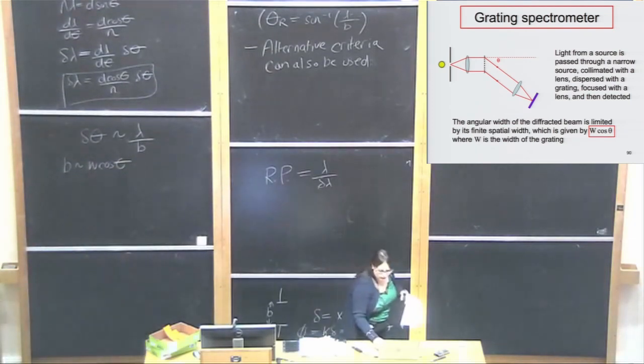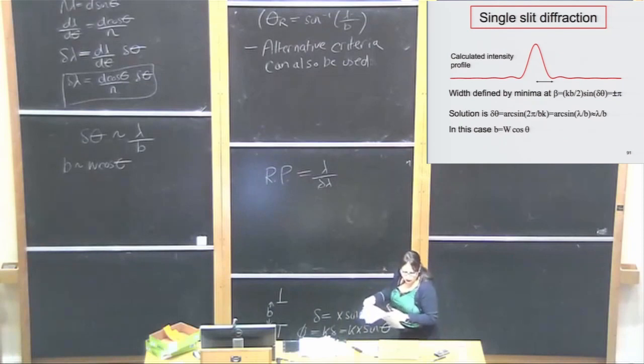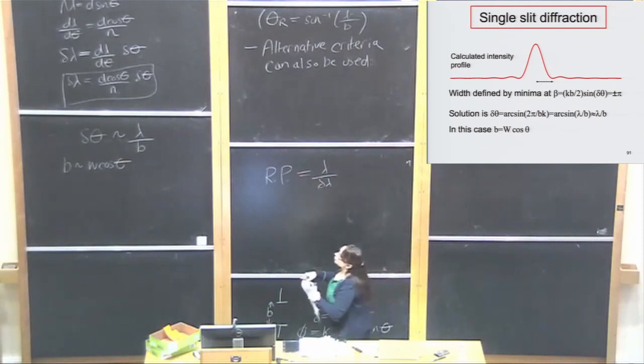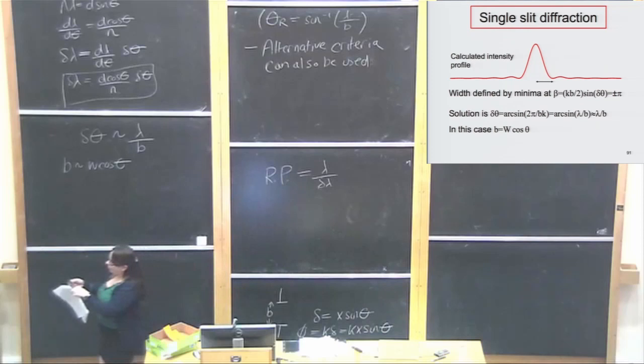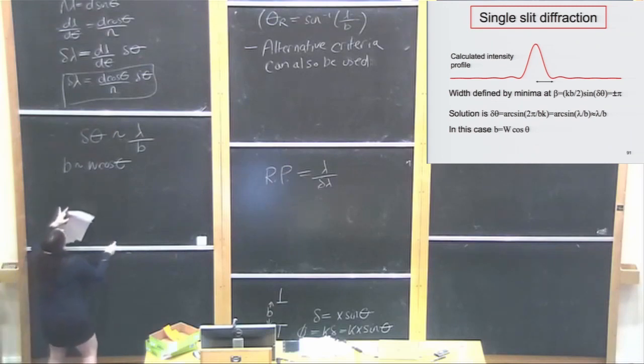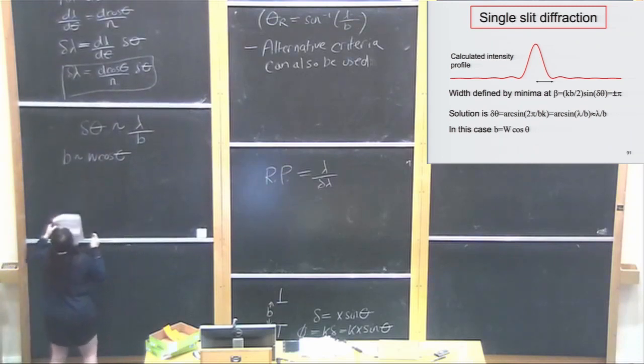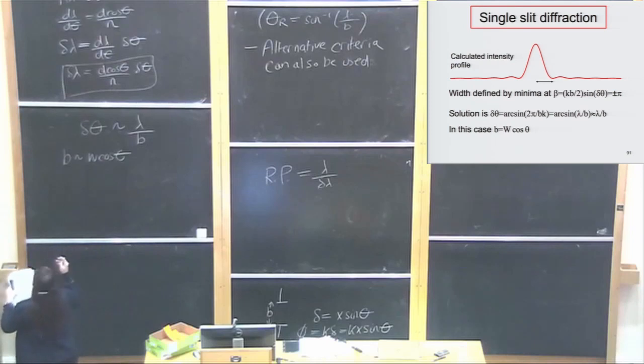And then let's put it all together. We've got some sort of pattern. We know that our first minimum occurs at a delta theta of lambda over this width, which we've now said is w cos theta. That's going to be our limiting angular resolution, and we want to turn that into a limiting delta lambda.